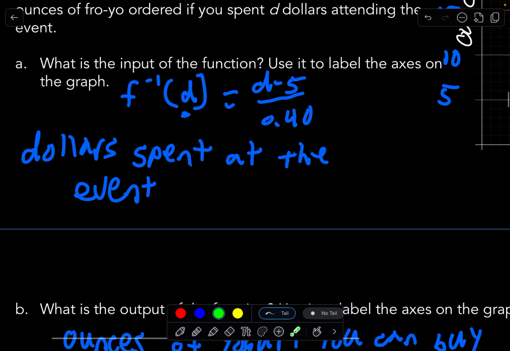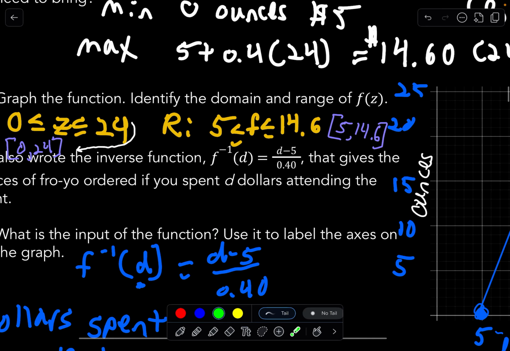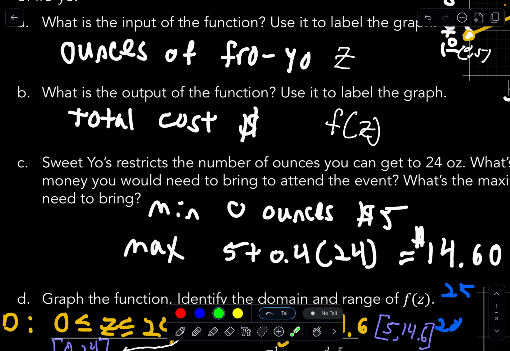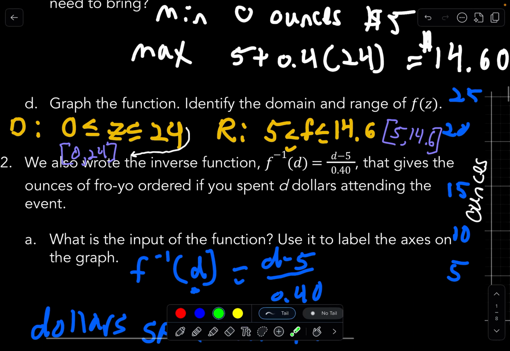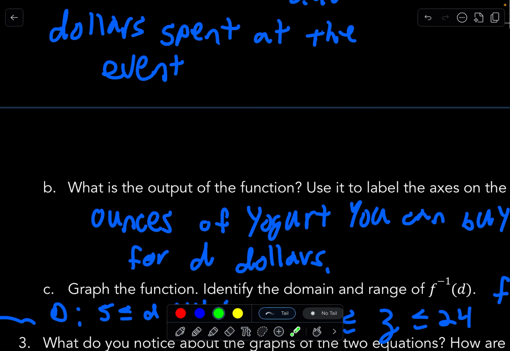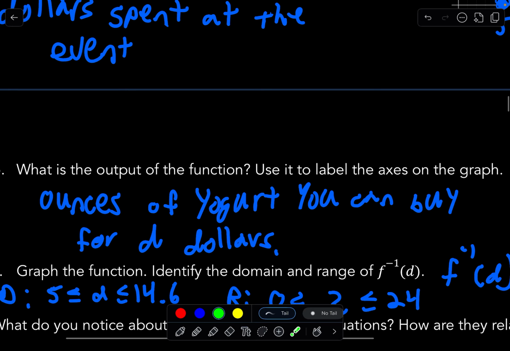Well, since here the input's dollars, the output must be ounces of yogurt. Versus up here, the input was ounces of yogurt, and the output was dollars. Okay, so that's what it means to be the inverse. Remember, you switch input and output. So the amount of ounces of yogurt you can buy for D dollars is the output.